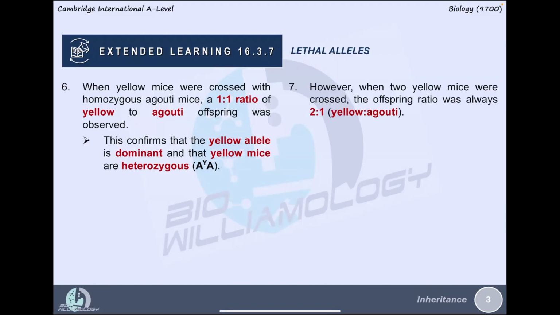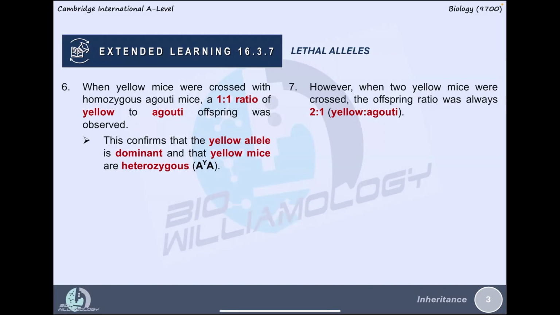Cuénot then crossed two yellow mice, which are heterozygous in this case. They always produce yellow to agouti mice in a ratio of 2-to-1 instead of 3-to-1. So something is not right, because according to Mendelian monohybrid cross, when we cross a heterozygous with another heterozygous individual, we always produce a 3-to-1 ratio.